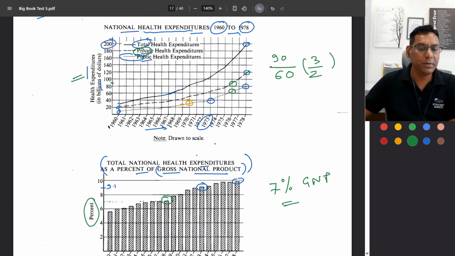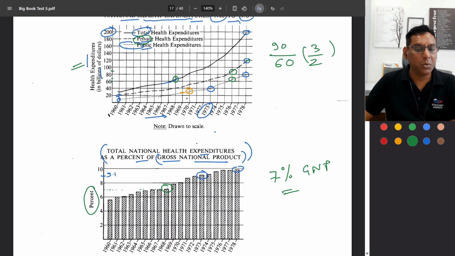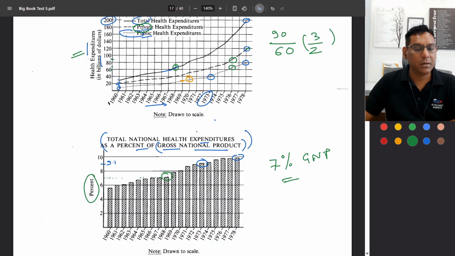So for 1968, total expenditure is what? Again, I'm not very comfortable with this number, whether it is 65 or 70. Let's say for the sake of simplicity I take 70 billion.